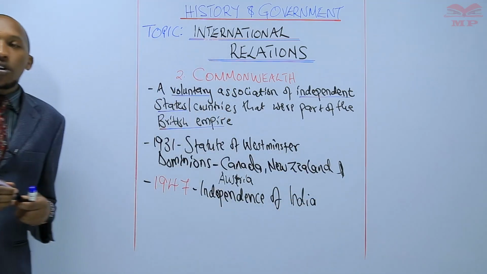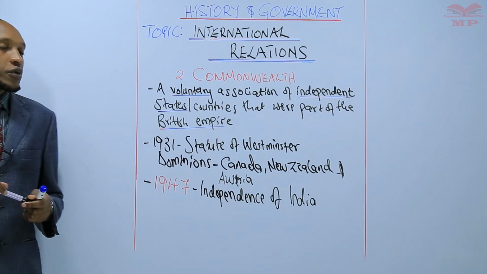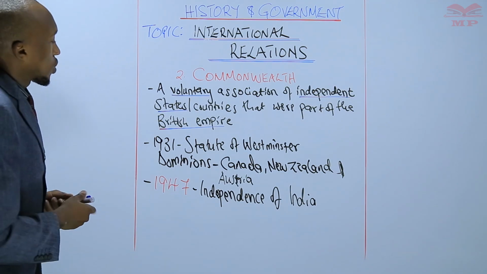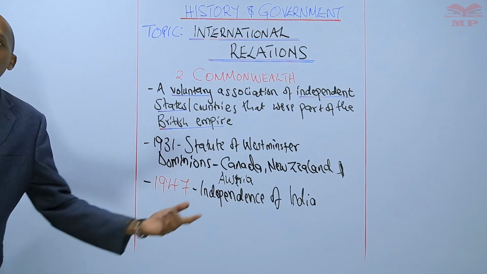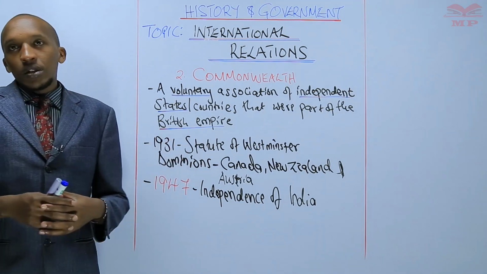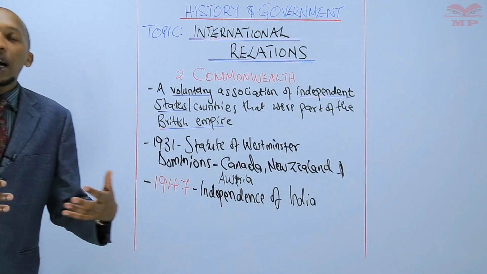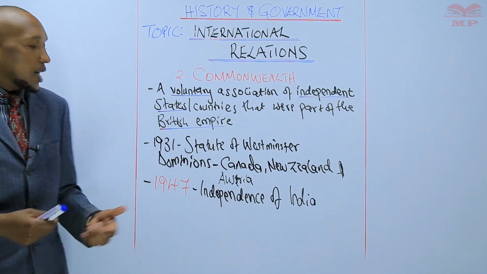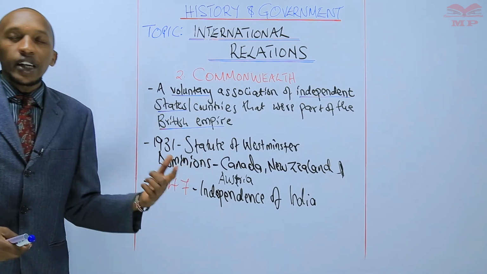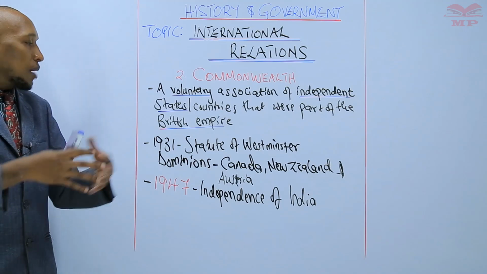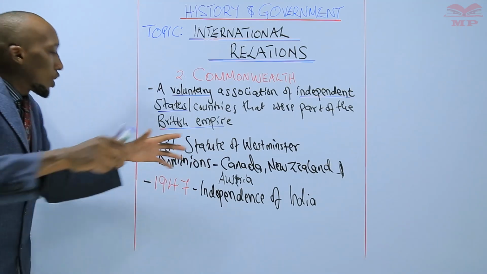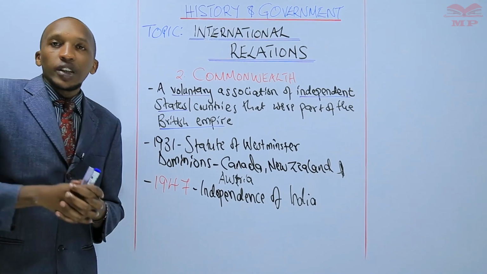which was a colony of Britain for a very long time. So after India had its independence, it was given an opportunity, just like the other dominions had agreed earlier, to become independent but also join under the British Empire.